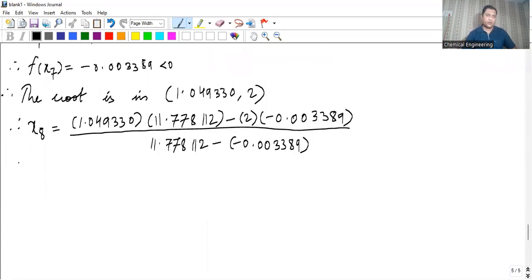So we got here the value of x8. So what is the value of x8? 1.04 is already matched. Okay.